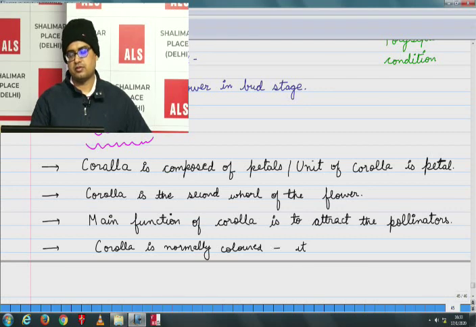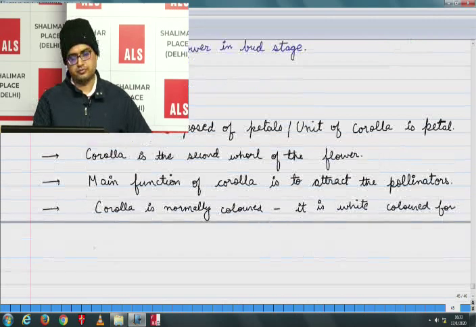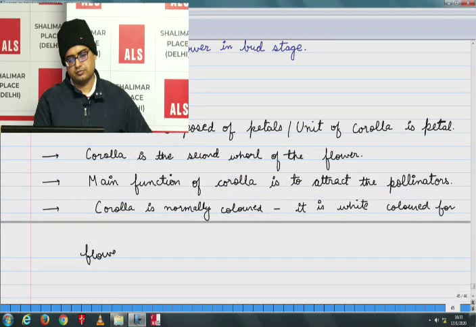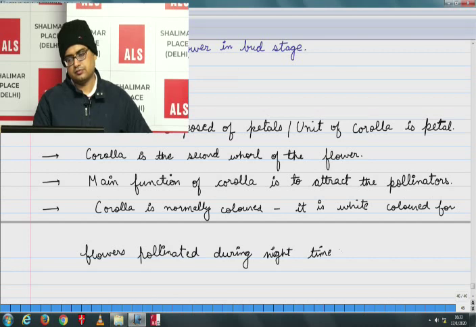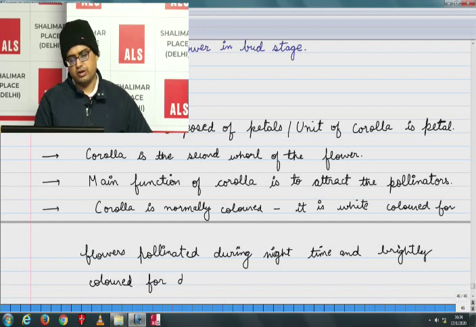White colored for flowers pollinated during night time, and brightly colored for day pollinated flowers.